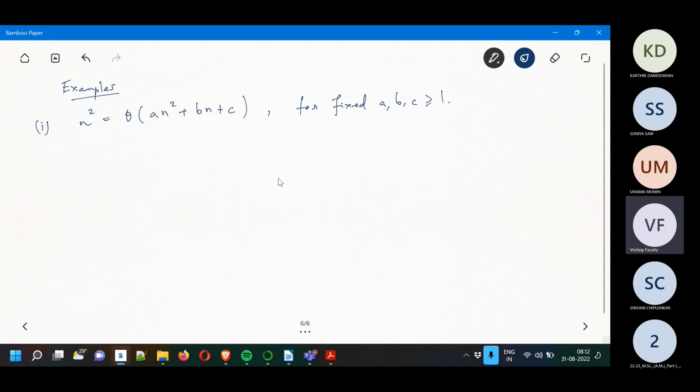Greater than 0, but we'll stick to 1. Okay. You see why? You just have to show that they are big O and big omega of each other.